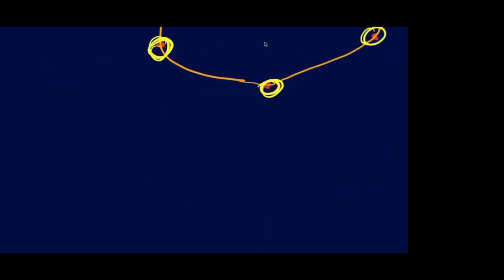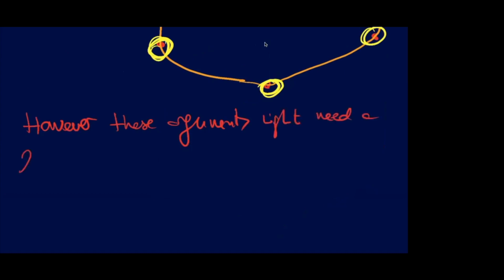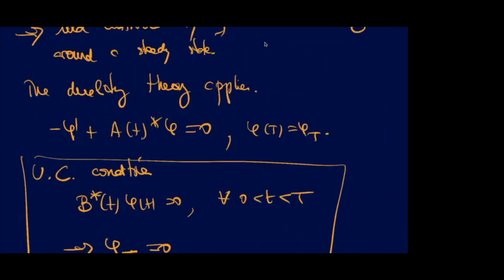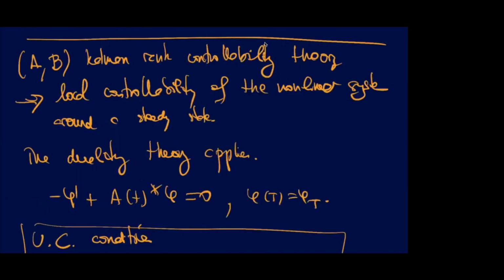However, these arguments might need a large control time. In the local argument I have done here, the control time can be arbitrarily small, right?